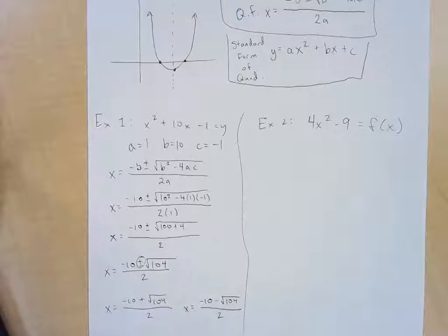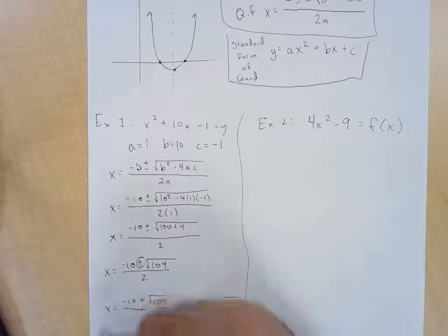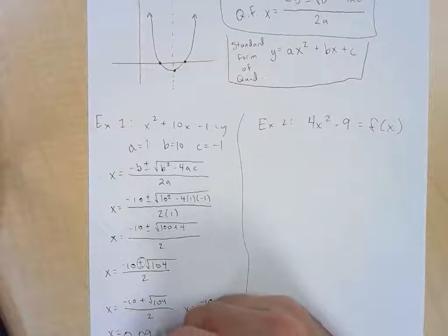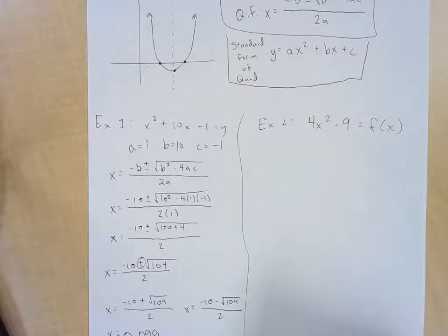So we'll do negative 10 plus the square root of 104, all divided by 2, which gives me a decimal, so I'm just going to check my answer just to make sure I got it right. And I did, so my x is equal to 0.099 and on forever and ever, and it's kind of gross.